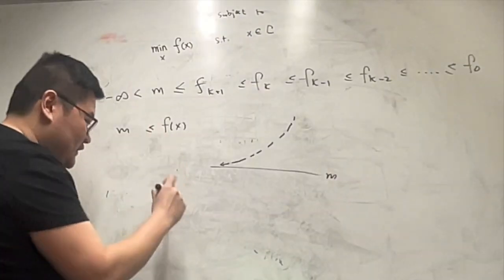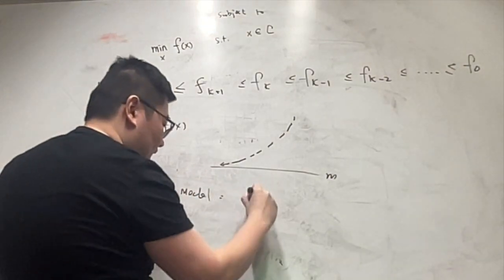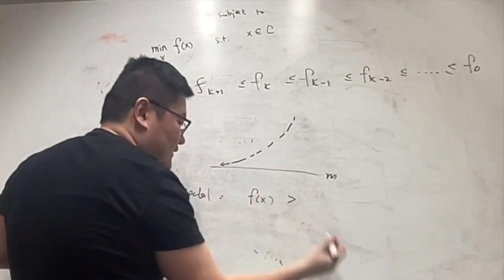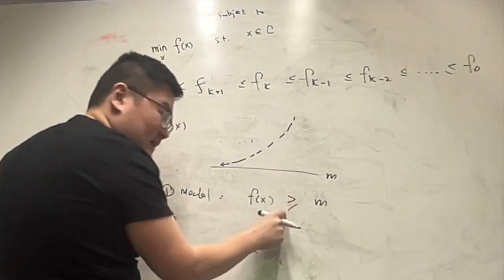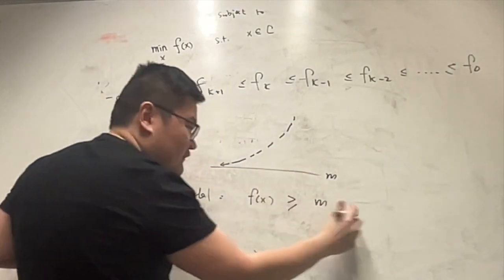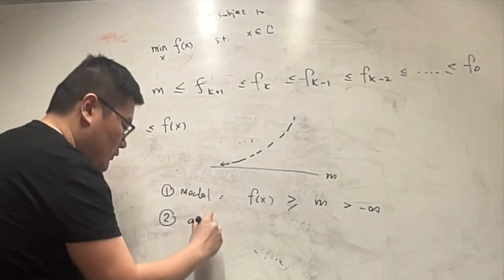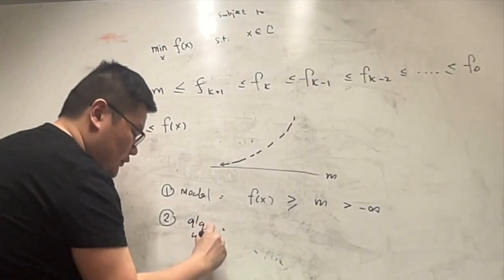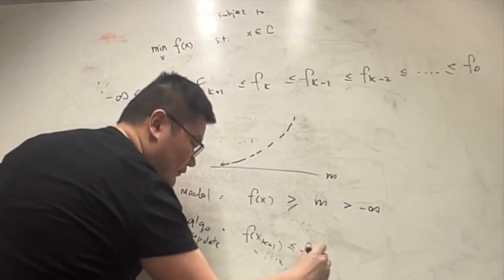That means the two conditions you need in algorithm design. The first one is from the model. What's the model? It is that f(x) is larger than some small number, the minimum. I call it m, and it can be equal. Equal means you reach the minimum. And this cannot be negative infinity, so m has to be larger than negative infinity. The second thing is for the algorithm, on the update: you want to make sure that the new point is smaller than the previous point.